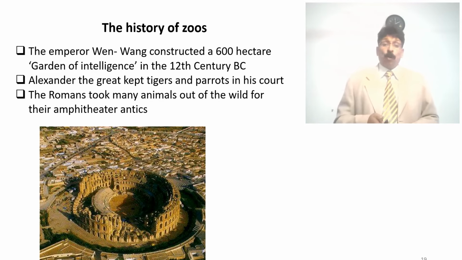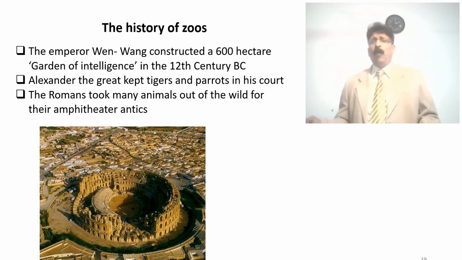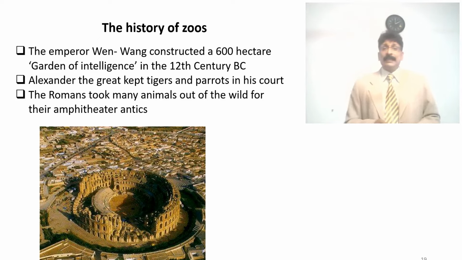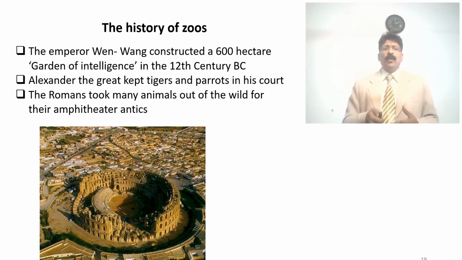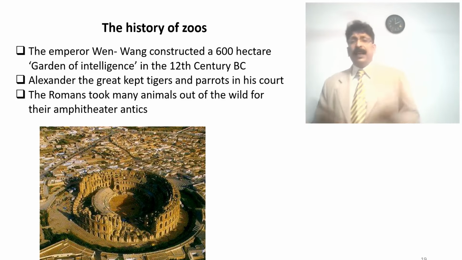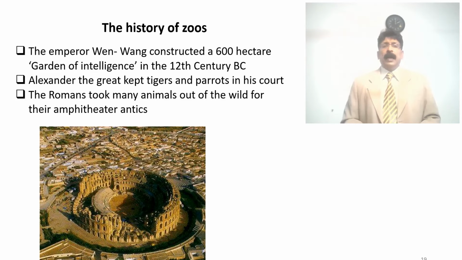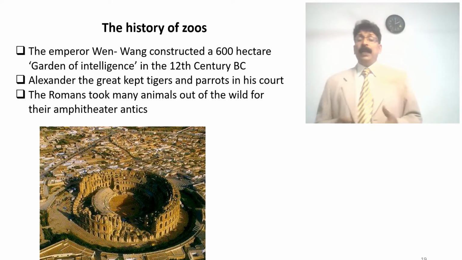Romans took many animals for amphitheater antics. Amphitheater antics means they had a show where they brought animals for entertainment and sharing of their ability with an animal also.